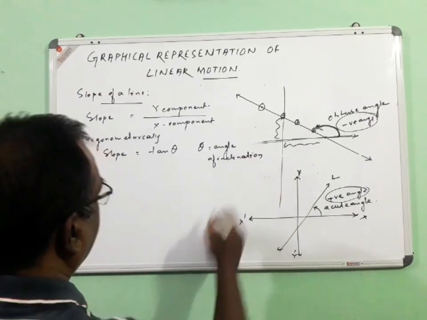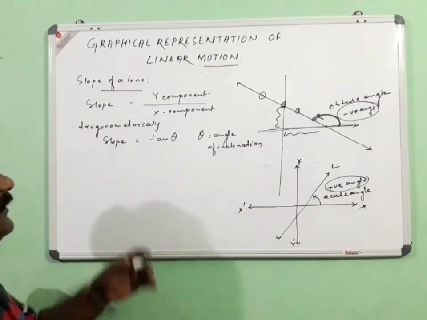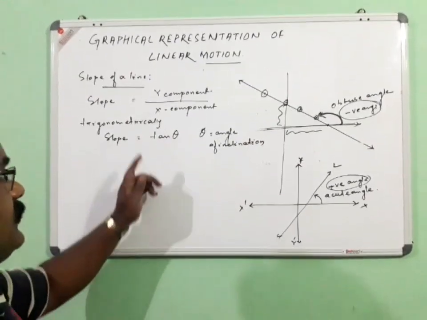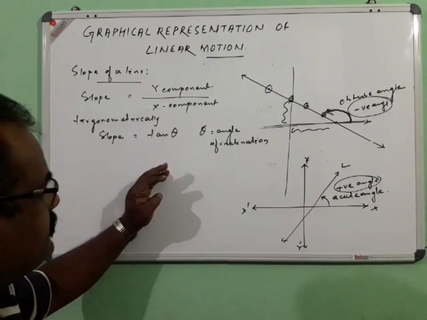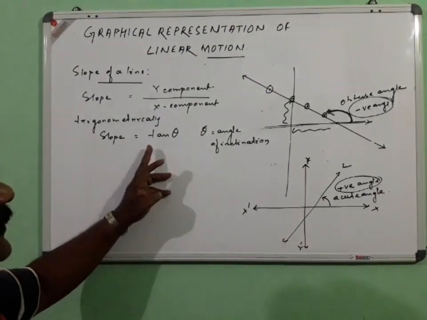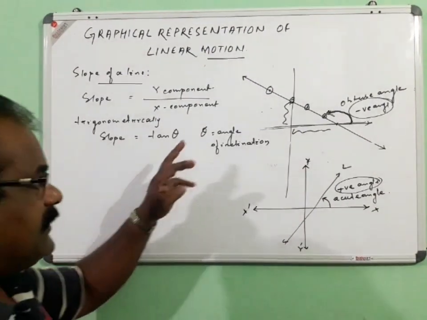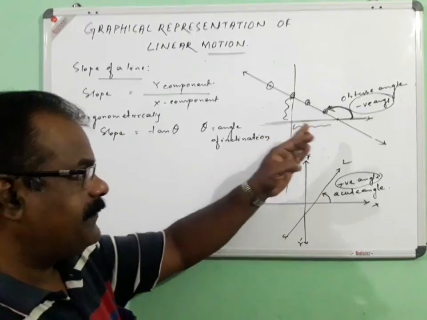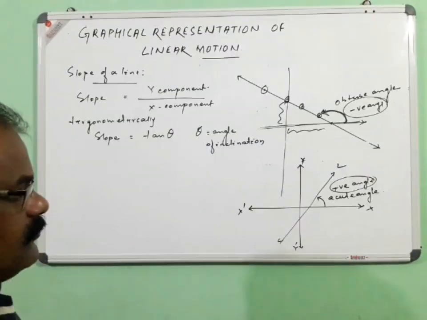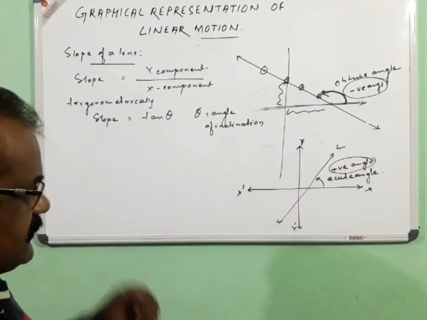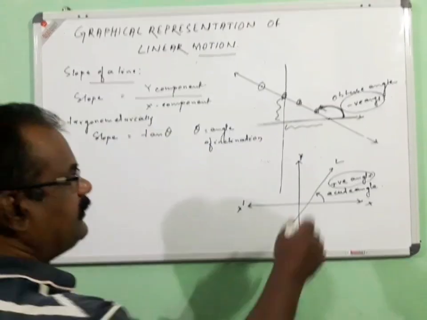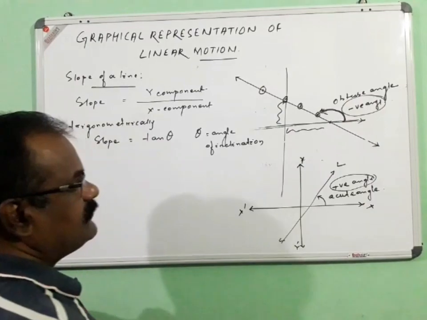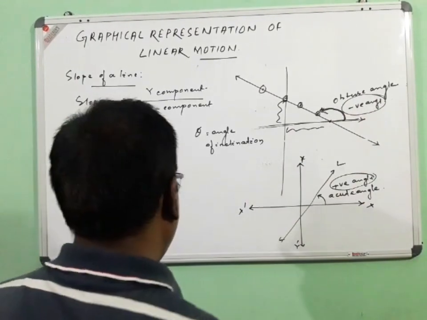So in one way we can say that the slope of the line is the y component with respect to the x component, or trigonometrically it is the tangent of the angle theta, the angle of inclination made by the line with respect to the x-axis. However, for the time being, you have to remember that if it has made an obtuse angle, then the slope here is negative.